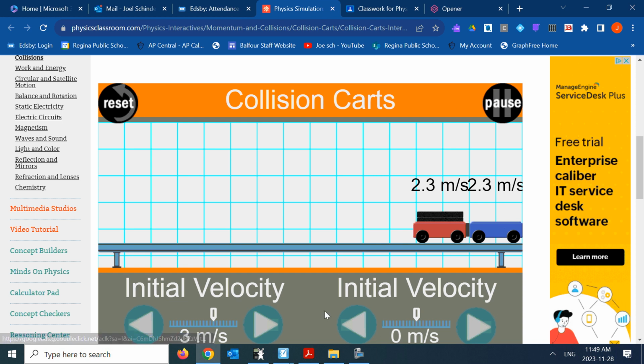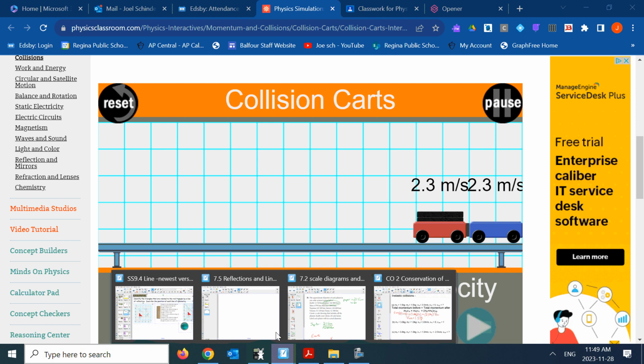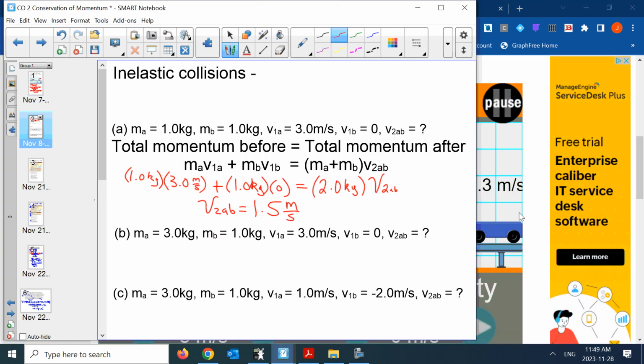So set this one up. That's rounded from 2.2.